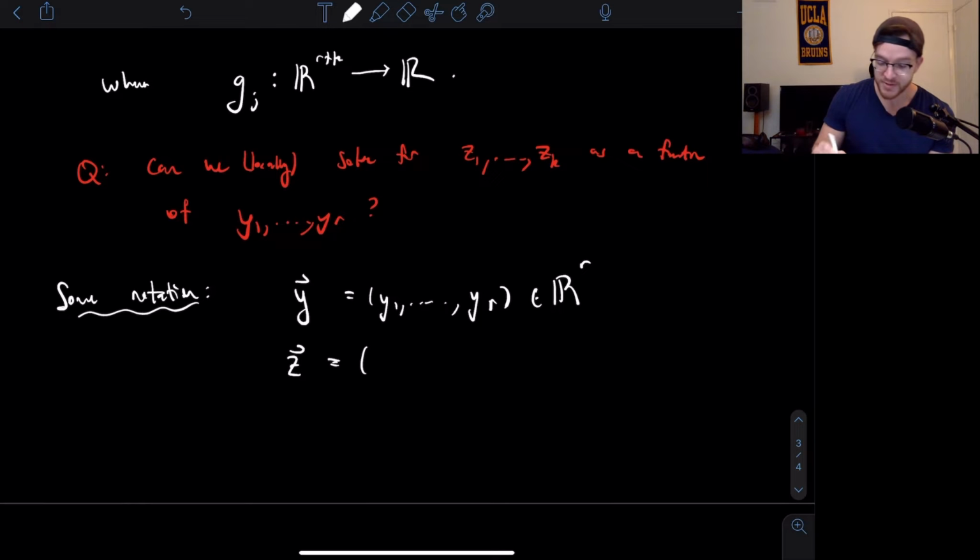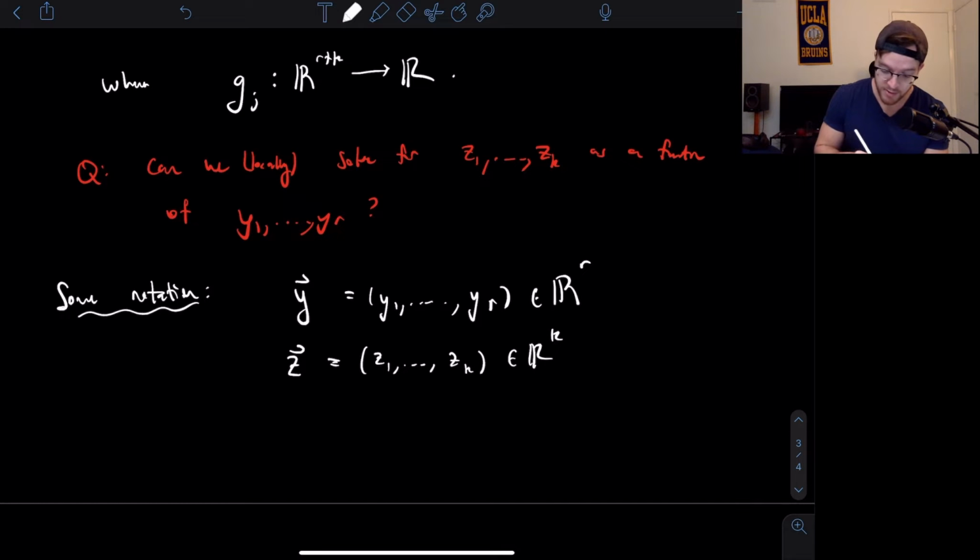Likewise, probably not surprising, if I write vector z, this is just going to be the vector of z variables. This will be an element of R^k.